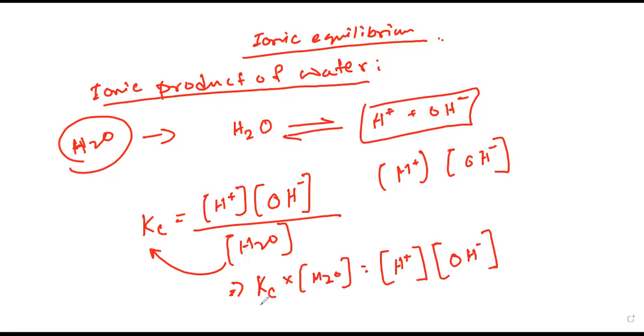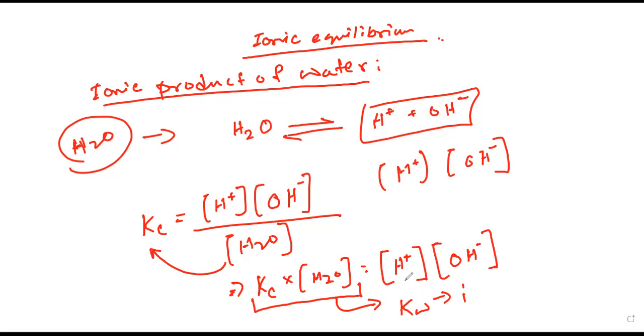Now, this left-hand side we can simply write as Kw. This Kw represents the ionic product of water, and as I have mentioned, the definition specifies it is the product of the concentration of H plus and OH minus.